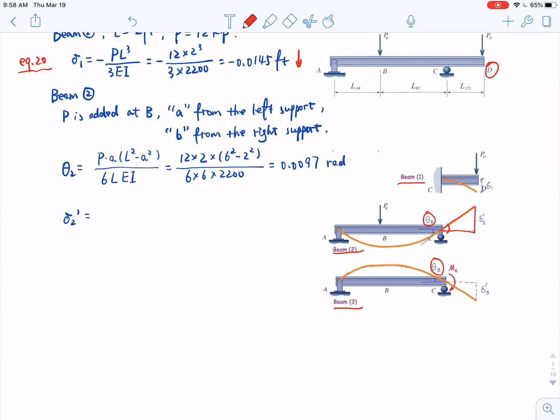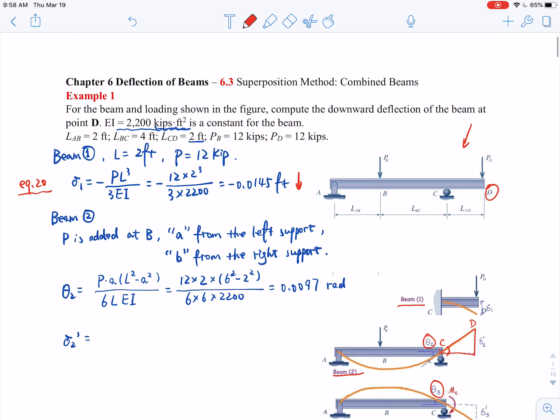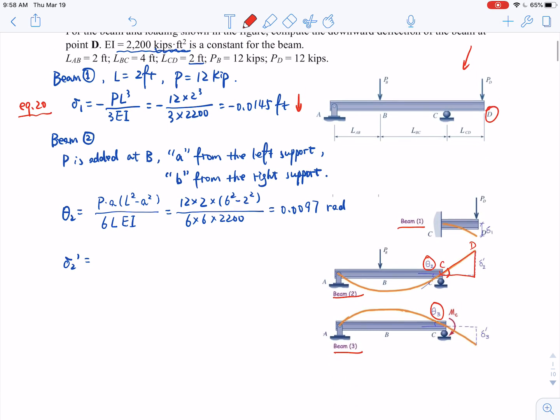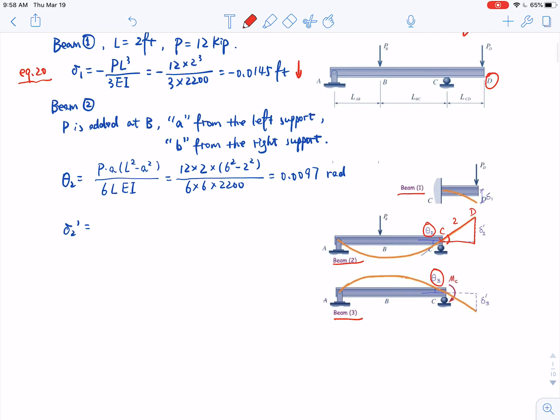Here CD is 2 feet. We get CD times theta 2. Strictly speaking, it should be sine theta 2, but since this angle is very small, we can ignore it and directly use theta 2.